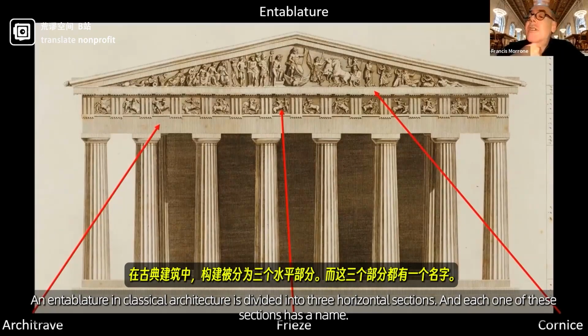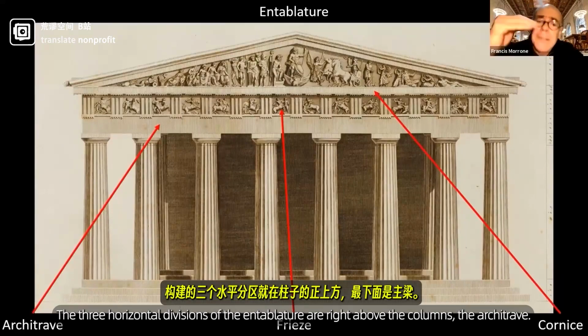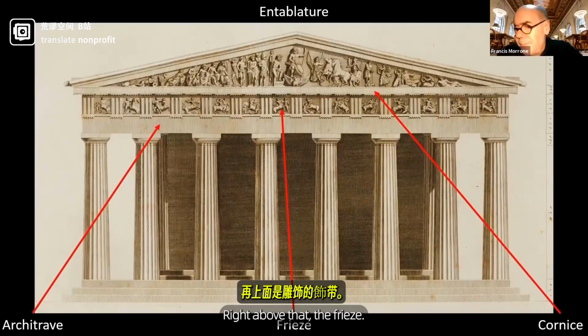An entablature in classical architecture is divided into 3 horizontal sections, and each one of these sections has a name. There's nothing in architecture that doesn't have a name. The 3 horizontal divisions of the entablature are, right above the columns, the architrave.